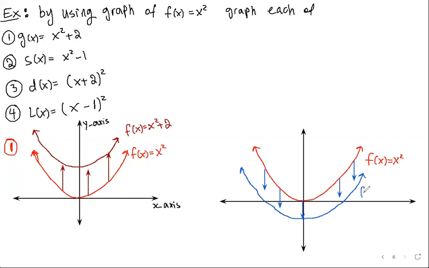So this is the second function here, s of x equal x squared minus 1. Here, by the way, it's not f of x, it's g of x, the first function.